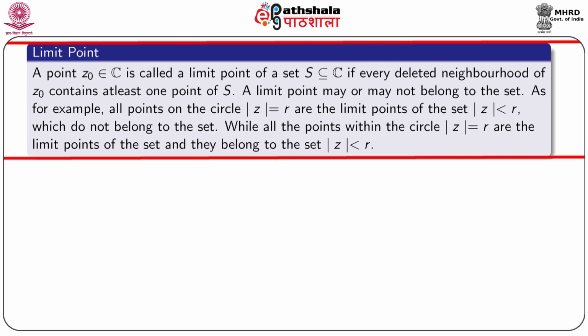For example, all points on the circle mod Z equal to R are limit points of the set mod Z less than R, which do not belong to the set. But all the points within the circle mod Z equal to R are also limit points of the set, and they must belong to the set mod Z less than R.